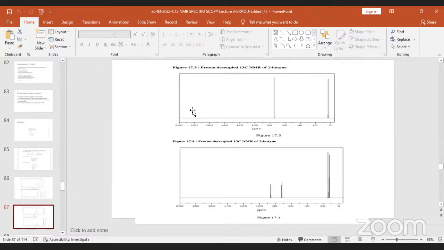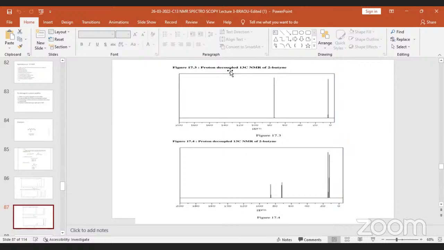If you write 2-butyne, how many non-equivalent carbons are there? 2 non-equivalent carbons, 1 acetylenic carbon and 1 CH3 carbon, because the 2 acetylenic carbons are same and the 2 methyls are same. There is symmetry there, therefore 2 signals you will get. And in SFORD of 2-butyne, what is the pattern of multiplicity? 1 quartet and 1 singlet.